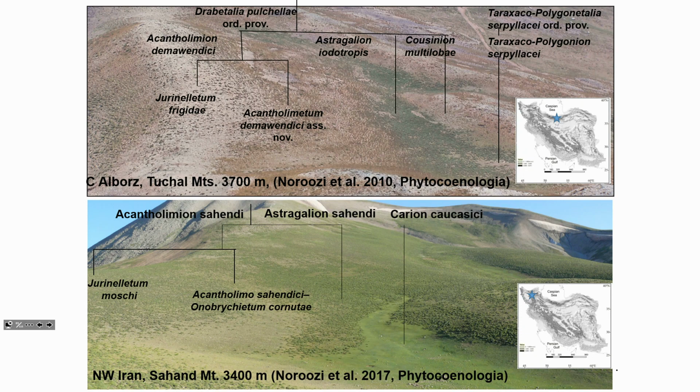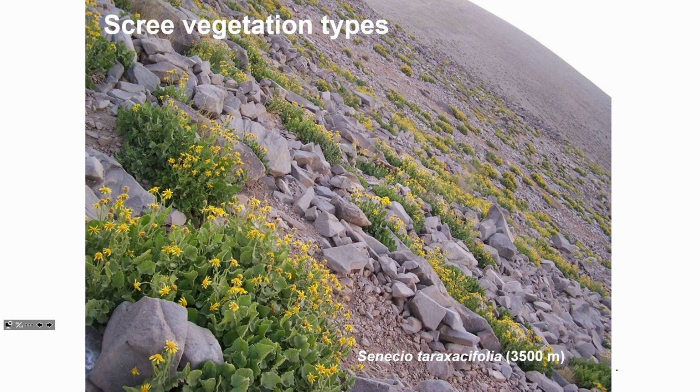Probably they were once one species, and because of the isolation, speciation happened, and we have different species in the same habitats, but in geographically a bit far away alpine habitats.